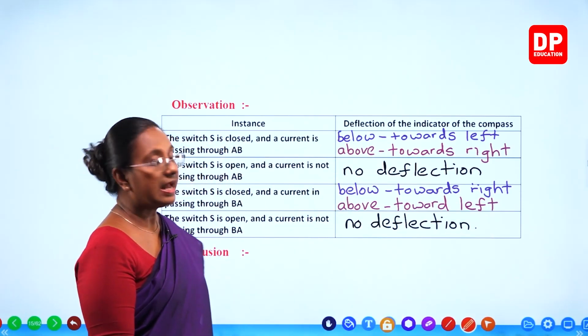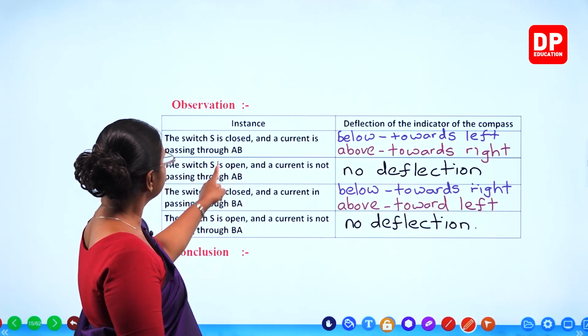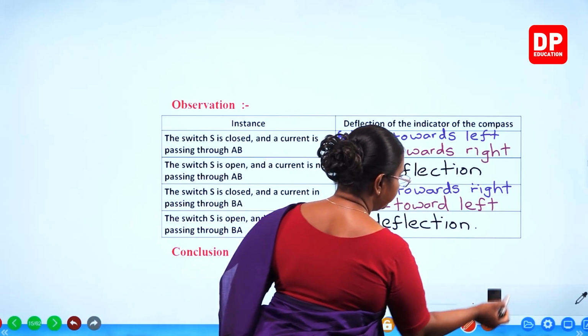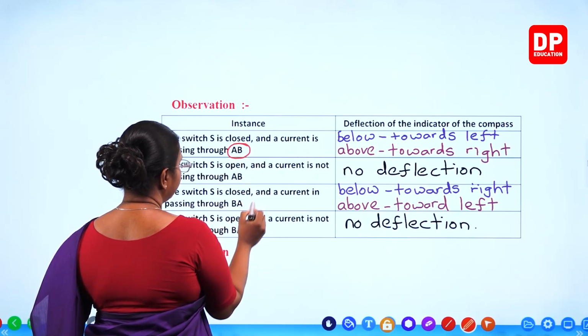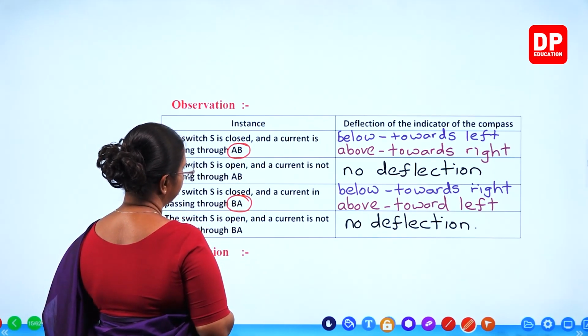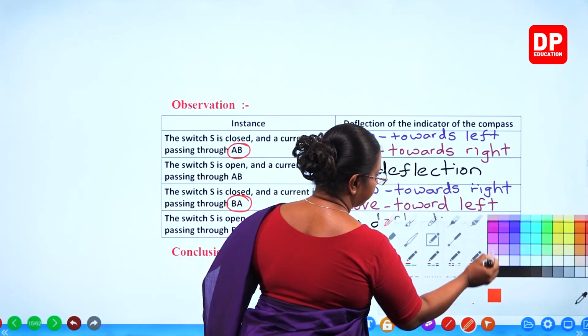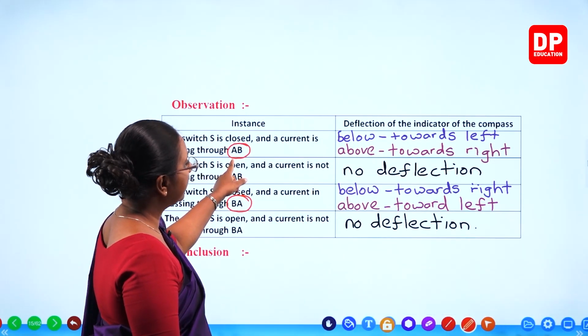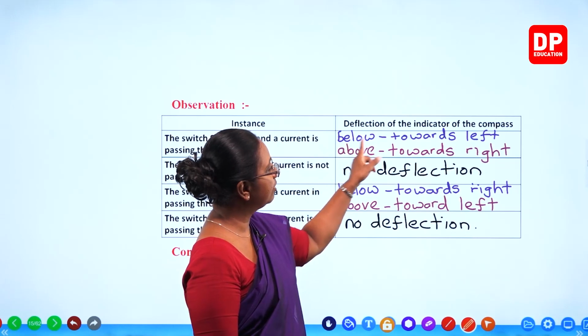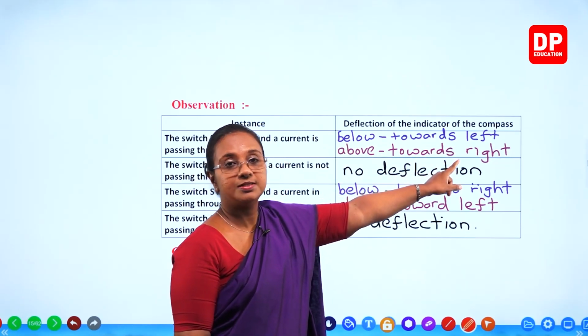So can you see that now? Earlier when current passes from A to B, then B to A. That is important. So there, you can see when the current is flowing from A to B, when the compass is below, the deflection is towards the left.